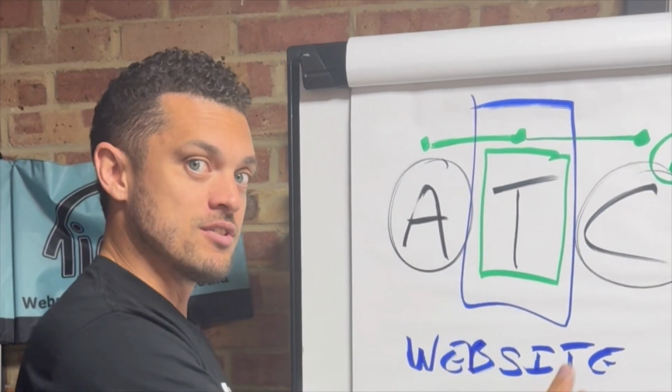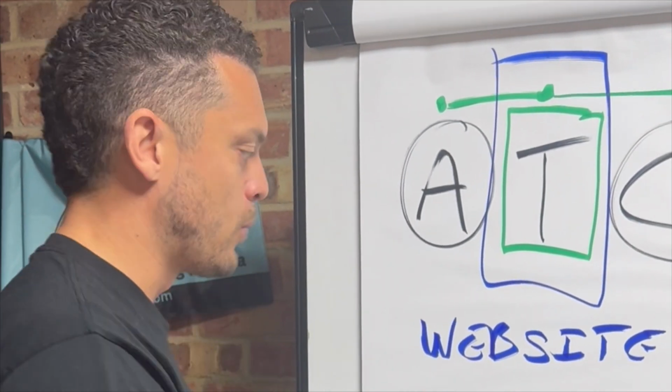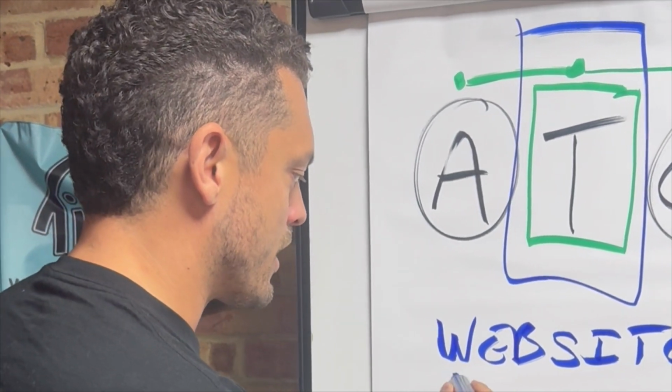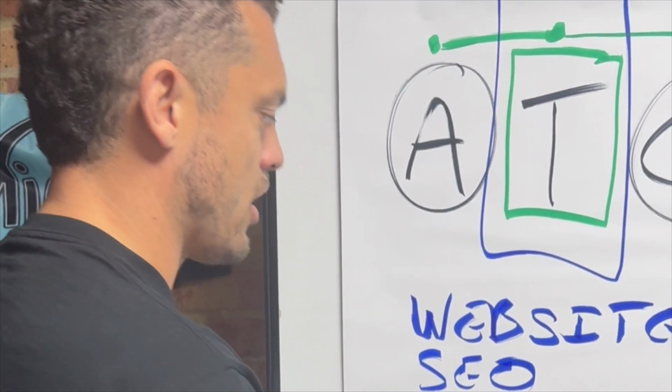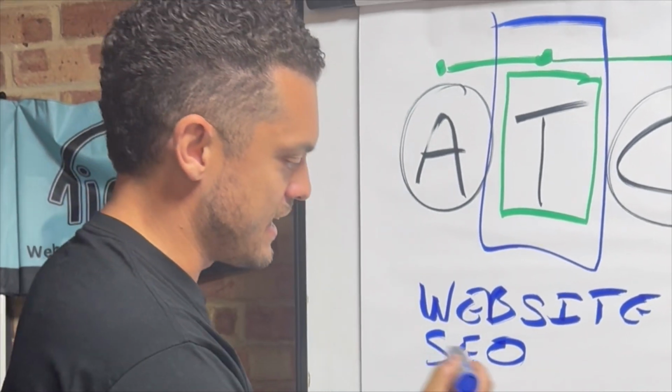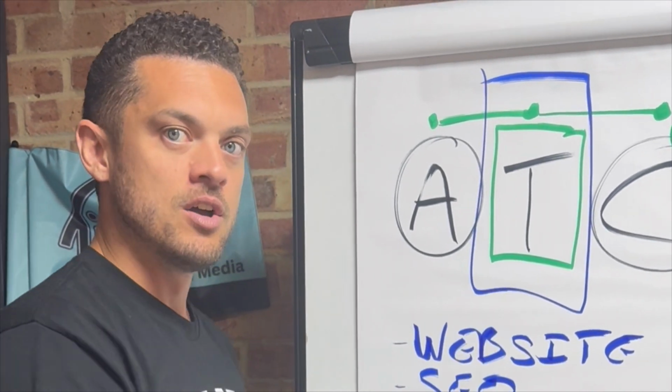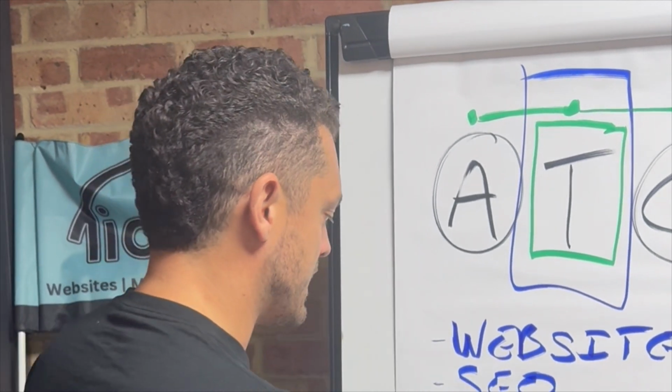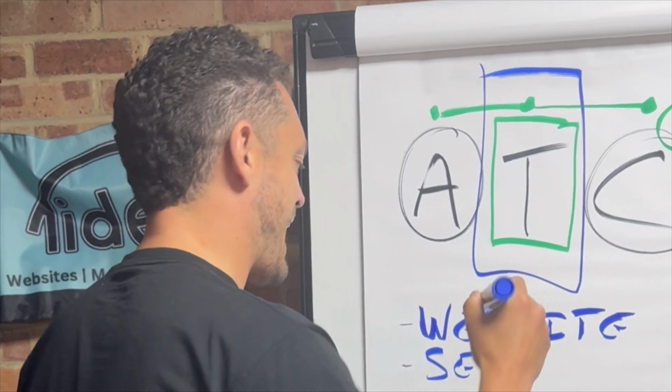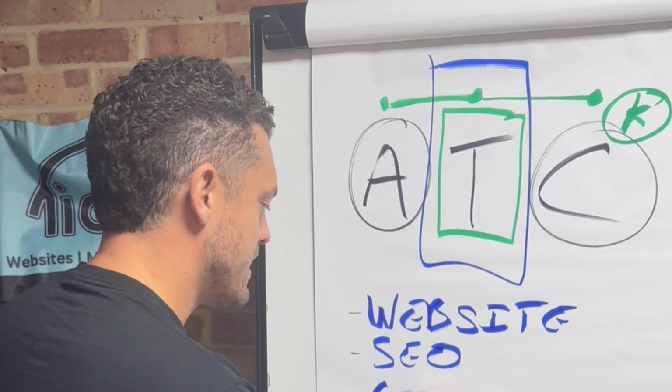As well as the content and the speed and everything else of your website, we've got to then be working on your SEO, your search engine optimization. This will help you to rank higher on search engines when people look for what you do. And lastly, we can speed the process up and hack some of this traffic by doing some ads.